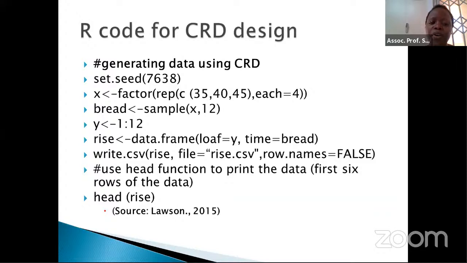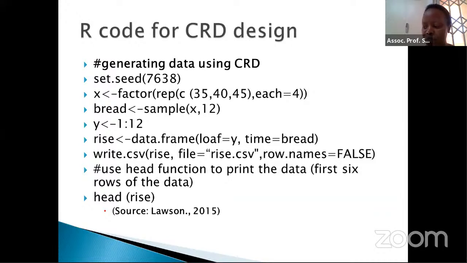The next row, we assign an object X where we are going to store the factor time. And we are going to replicate it. The function rep is replication, and then we put together the times 35, 40, and 45. each equals 4 is the replicate. Then we close the brackets.